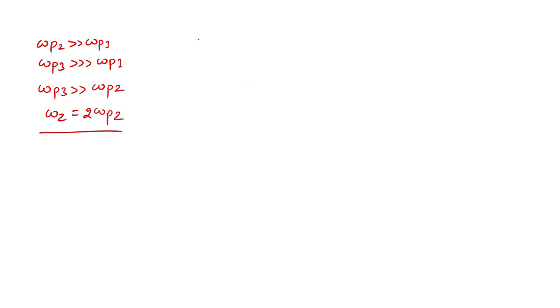Now from this Bode plot, what we can see is that this is my dominant pole, omega P1, and till the UGB it is my first order system.